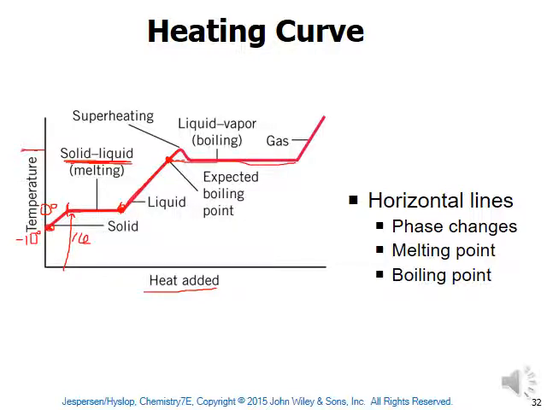It's going to stay at that temperature as you add heat until all the liquid has turned into gas, and then you can heat the gas, and it can get hotter and hotter and hotter. And so you can have hot gas.